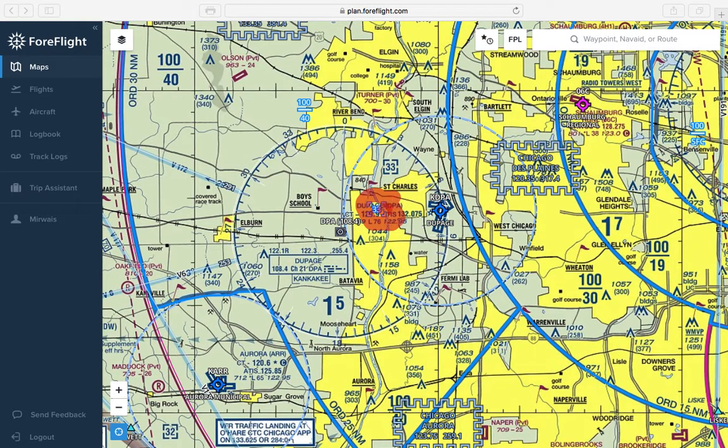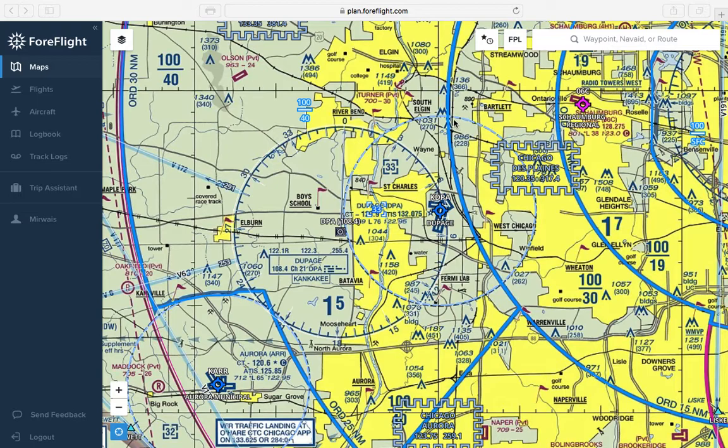Why 3,300 MSL when we have this layer of Bravo starting at 3,000? Well, probably they're dealing with O'Hare traffic, I'm not sure why.